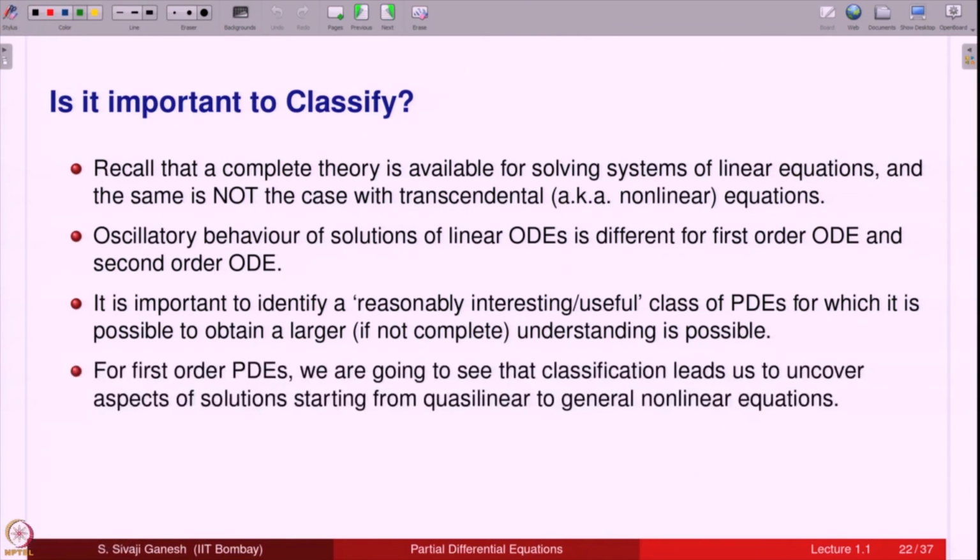So, for first order PDEs, we are going to see that classification leads us to uncover certain aspects of solutions, starting from the quasi-linear to the general nonlinear equations. We will see that in the next chapter. We will come back to this discussion on classification later on, also in chapter 3, where we are going to classify second order PDEs. We ask the same question and we have some better answers there, we will see that.